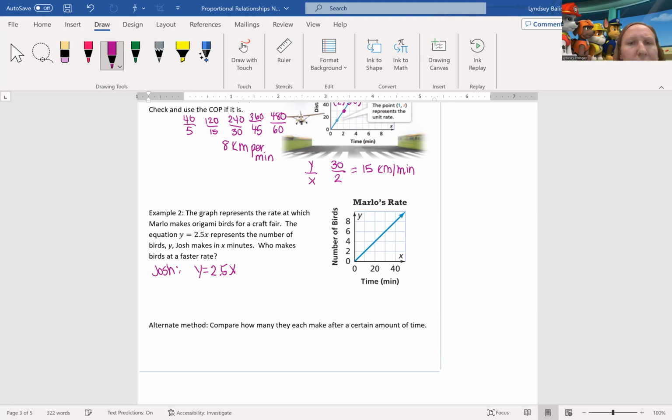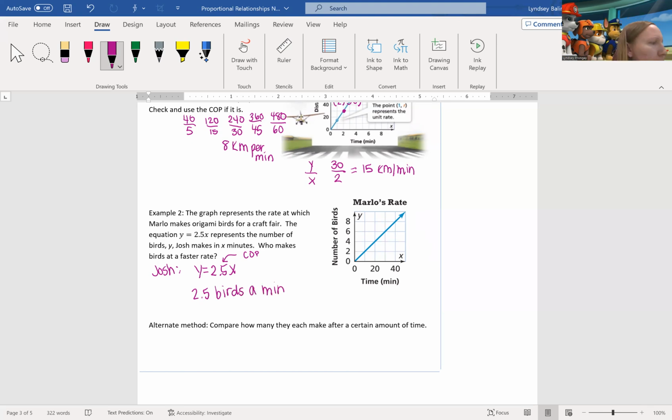It says x is the number of minutes. We said that this is the constant of proportionality. If x is 1, that is 1 minute, and he would have made 2.5 birds in 1 minute, so that makes sense. So Josh is making 2.5 birds a minute, which actually seems pretty quick.